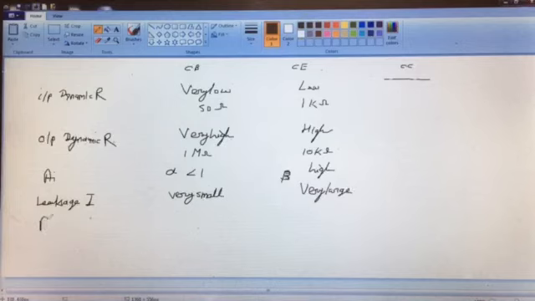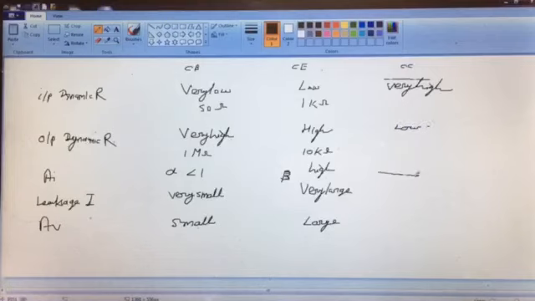Voltage gain AV: here voltage gain is small while here voltage gain is large. Input resistance for common collector is very high. Output dynamic resistance is low, and so on.